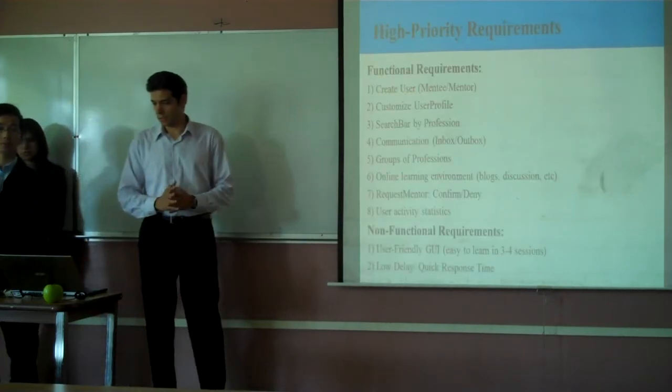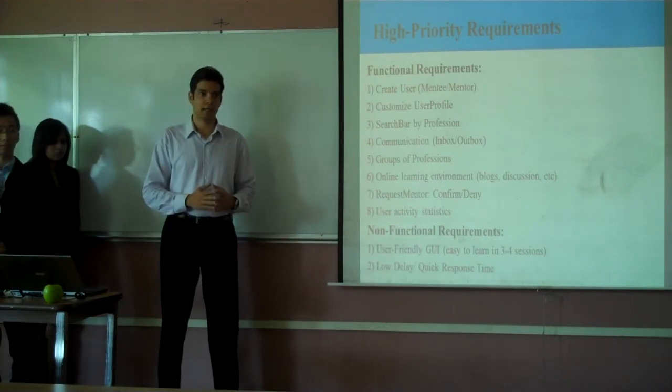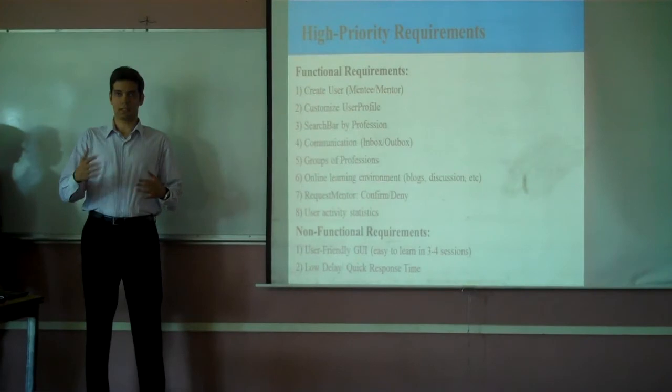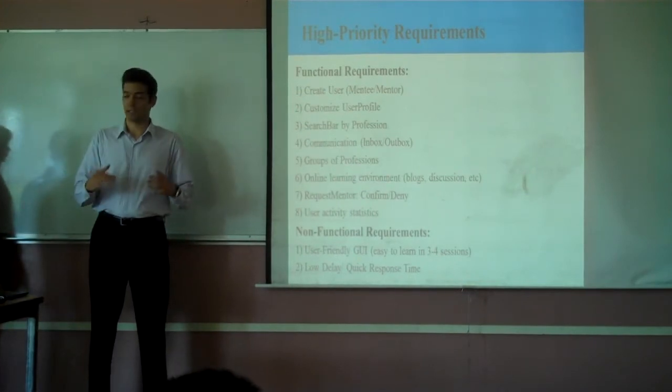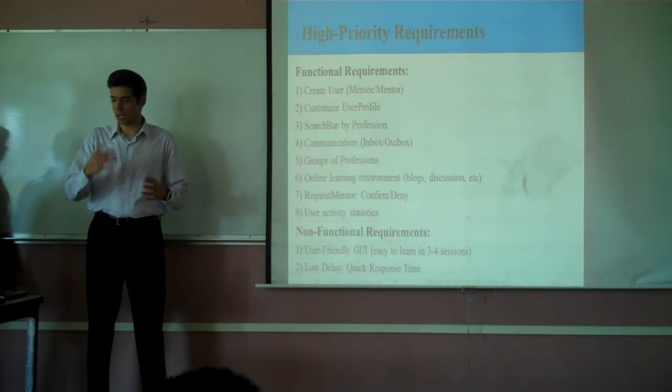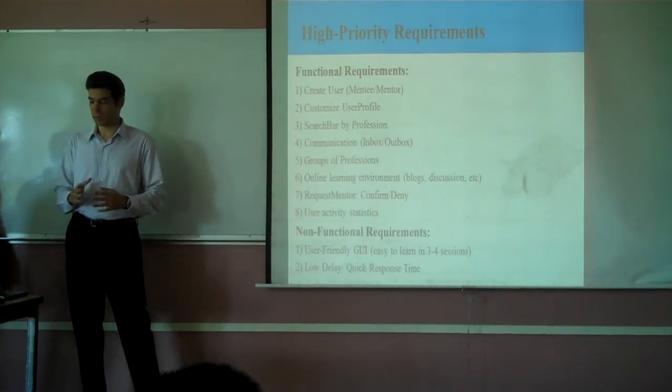Here is the list of our priorities. The high priority requirements, as you know, among the steps that we went through in our project, we changed some of the requirements from medium to high, and here are the most important requirements.